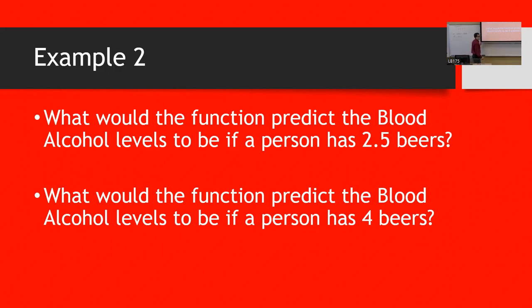Let's use that model to predict the blood alcohol level of a person who has had 2.5 beers. Let's use the model to predict the blood alcohol level if a person had 4 beers. So let me write that down.